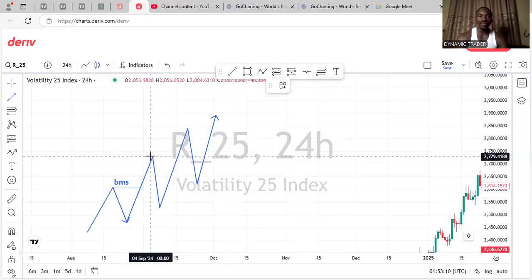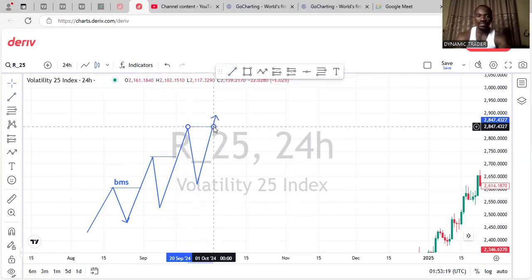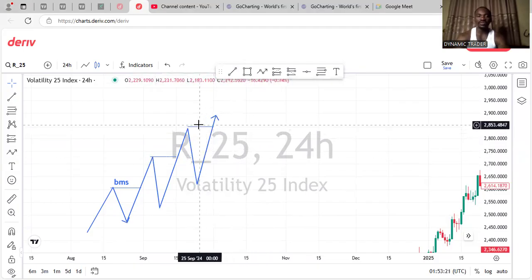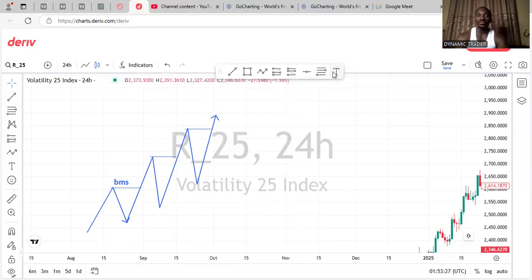So long as the market keeps making higher highs and higher lows and breaking structures to the upside, it simply means the market is bullish. So let's label it bullish market structure.